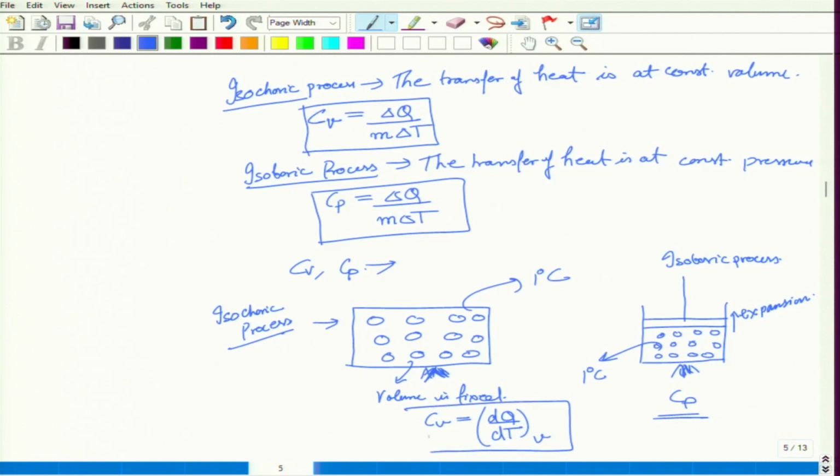You should keep aware of it. So this is dU, which is nothing but internal energy.